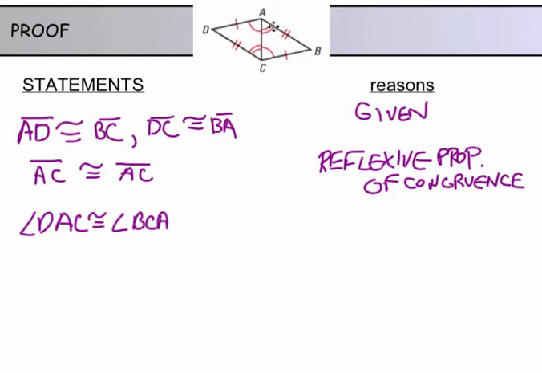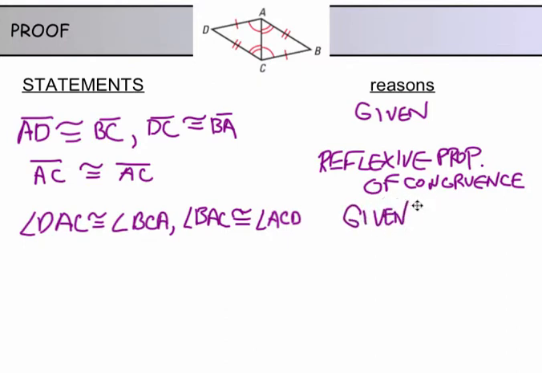Now the ones with two lines on the angle, that would be angle BAC must be congruent to angle ACD. The C has to be in the middle in ACD because that has the two lines, and in BAC the A had to be in the middle because that had the two lines. And how do we know that? That's given by the markings.